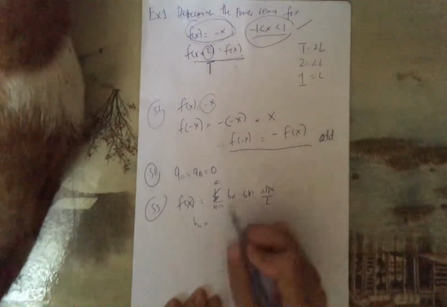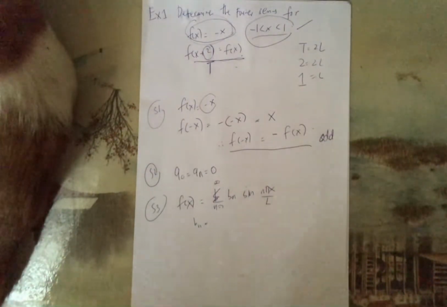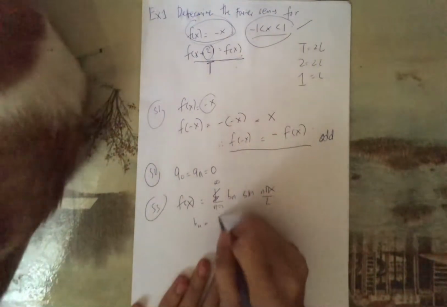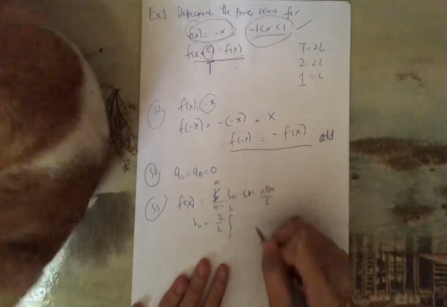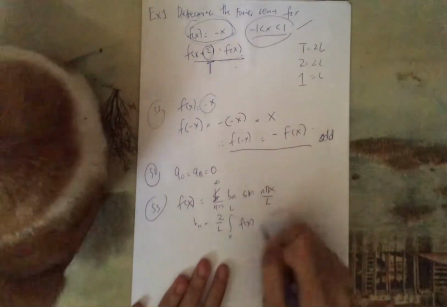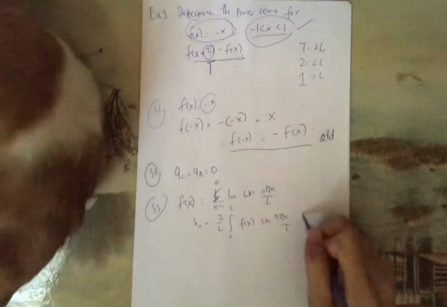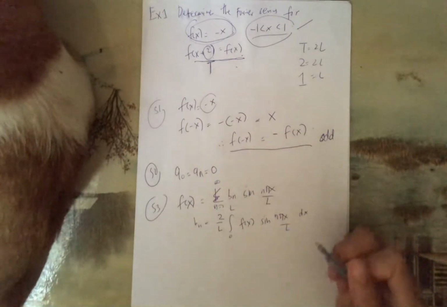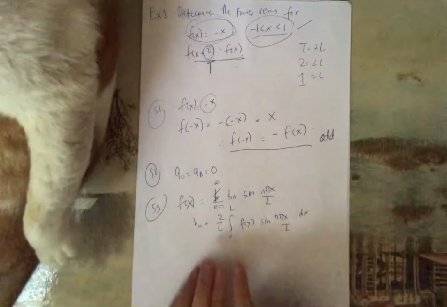So what is your b n here? This is the equation for b n. Now I write down the equation for b n. b n is equal to 2 over L integral from 0 to L of f(x) sine n pi x over L dx, because it is an integral. So this is the equation for b n.